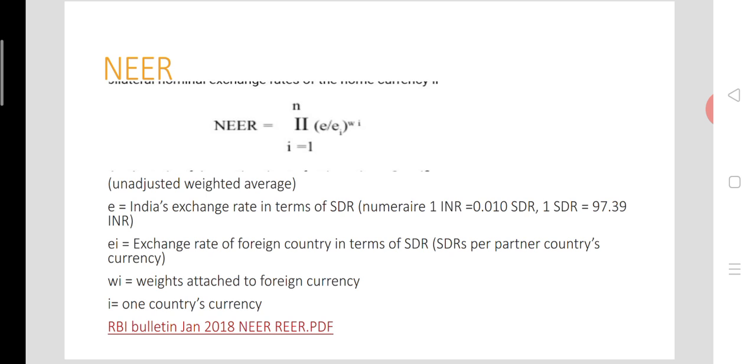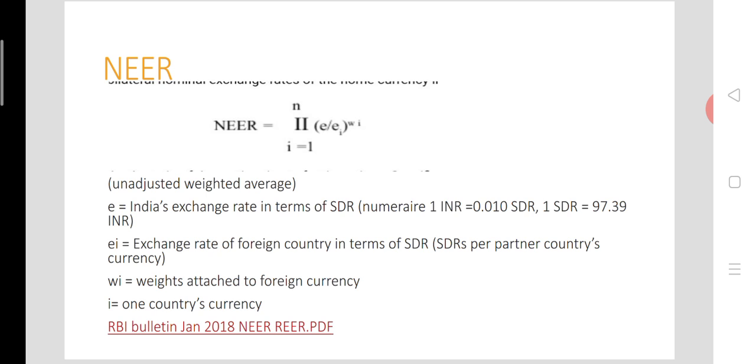Ei refers to the exchange rate of the particular foreign currency in terms of SDR. If we are considering the UK's pound sterling first, then its exchange rate in terms of SDR has to be written in the place of Ei.